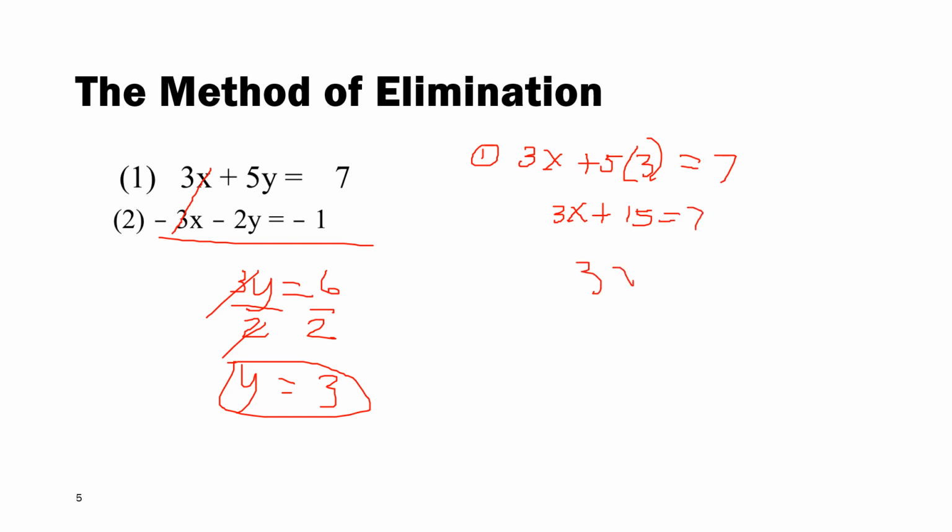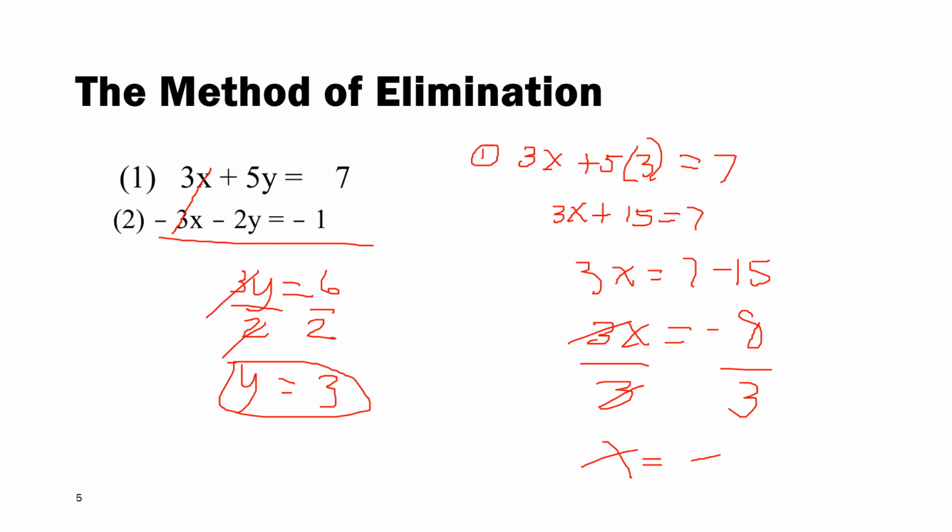Then we have 3x equals 7 minus 15. Okay, 7 minus 15 is how much? Because 15 minus 7, I think it's negative 8. Divided by 3, x equals negative 8 over 3.